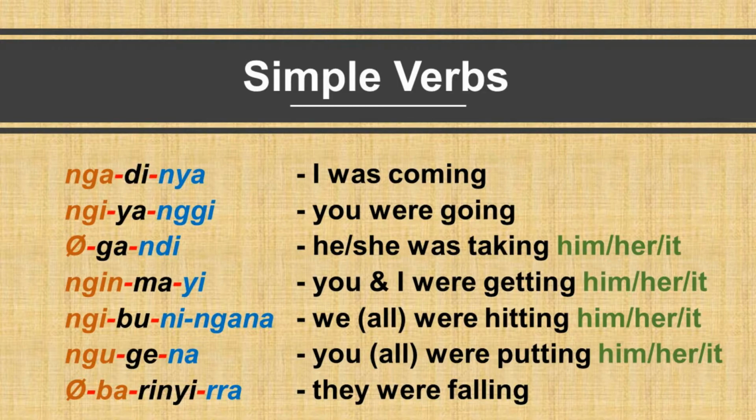The next form already means the two of us, you and I, were getting him or her or it. Then we all were hitting him or we all were hitting it. And you all were putting him, her, or it. So for these verbs, you don't need to specify the object if it's the third person. Of course, you would need to specify it if you wanted to use another object, but we're going to talk about that a bit later.